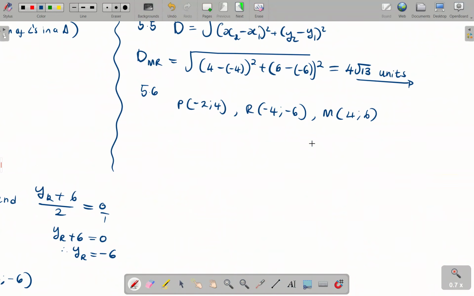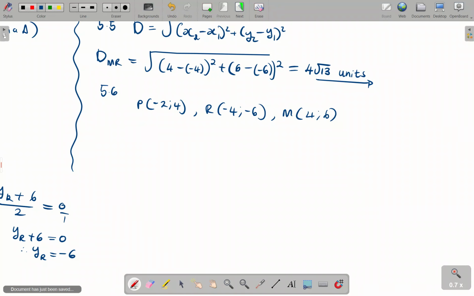So let's do that. Let's find the distance of PR. Remember, we have something like this, where this is P, this is R, this is M, and we have this angle to be theta. So we need this side there.